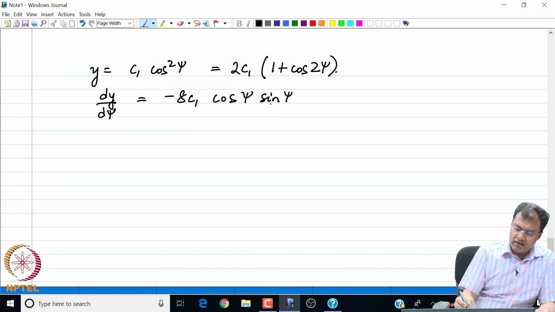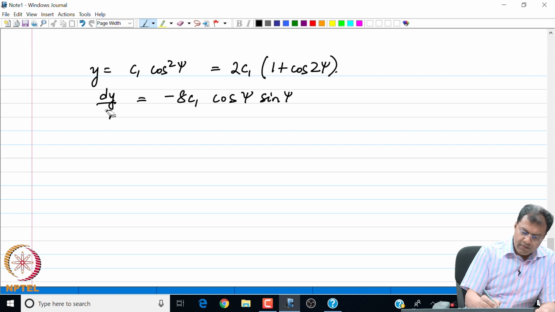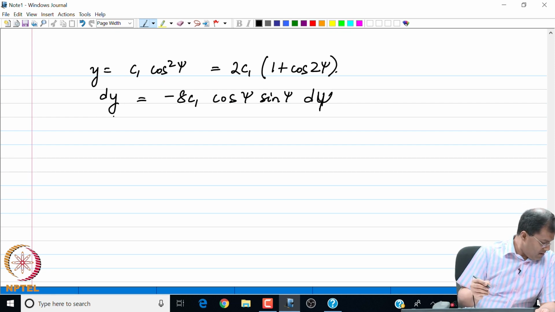So dy by d psi is this, or let me say the following. Let me take this element d psi to the right hand side, and I can express the element dy in the form of this quantity times d psi. Okay.